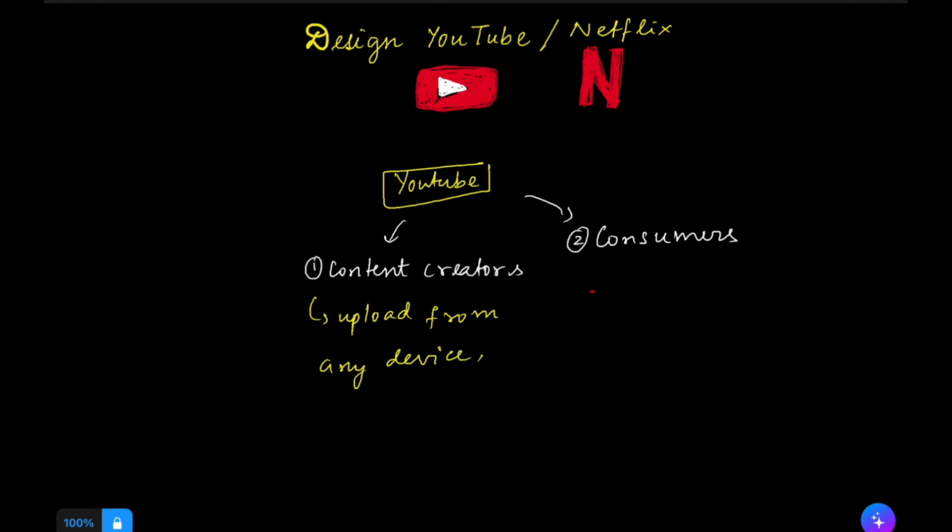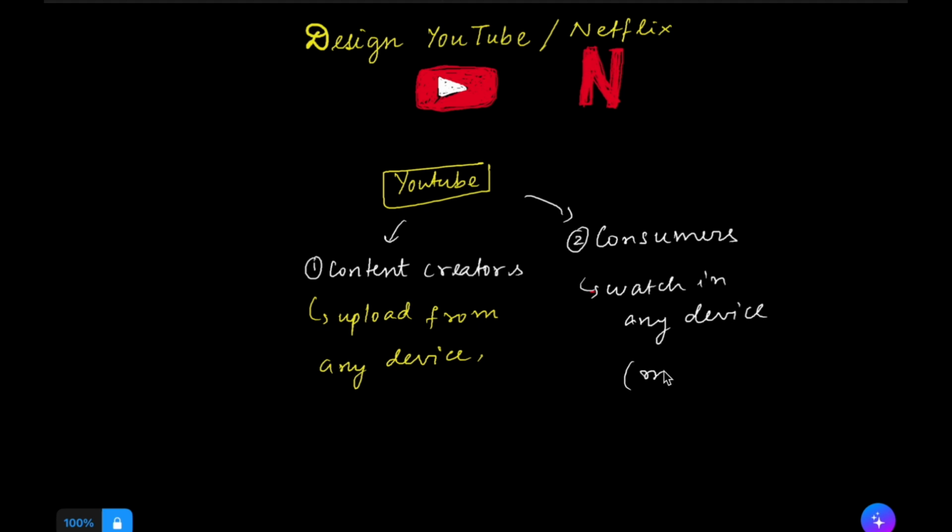The system takes some processing time to process those videos to upload into YouTube in various formats. We'll be looking into those details in the later part of this video. Whereas consumers can also watch on any device. By any device, what do I mean?